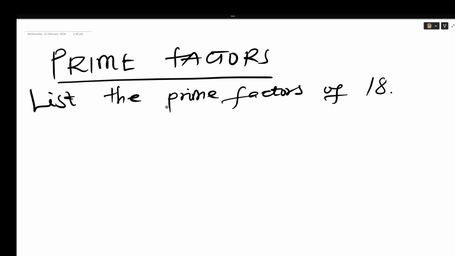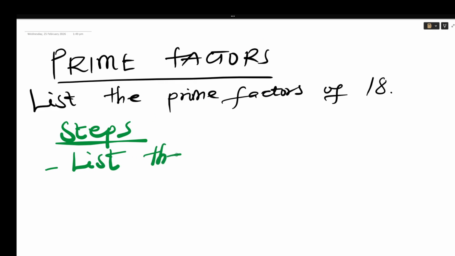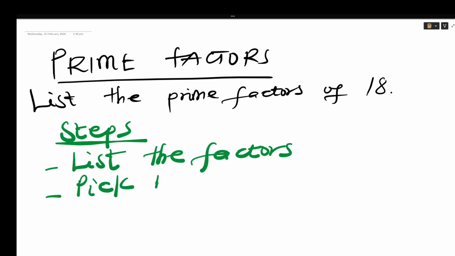So like I said, in our steps, since you are looking for prime factors, first you list the factors of the given number. Then out of those factors, you pick the prime numbers.